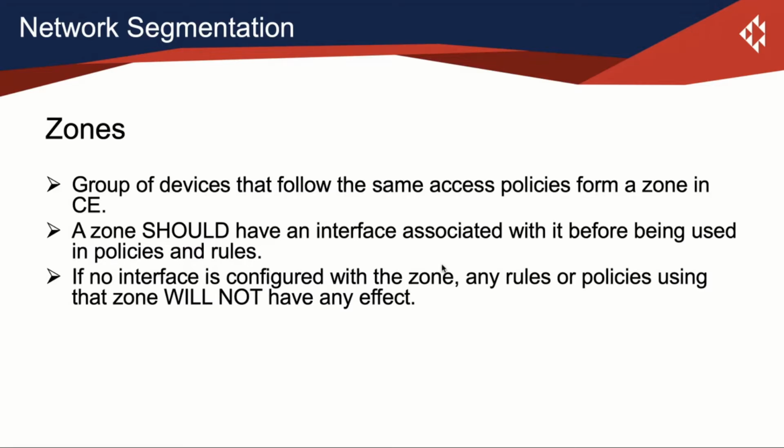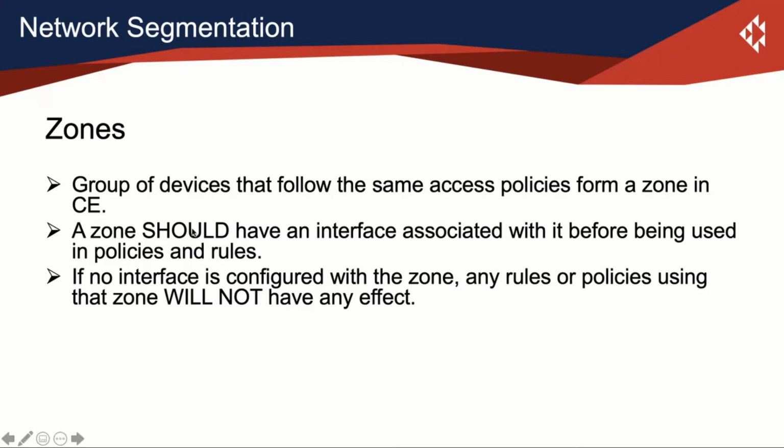The next point is that only creating a zone in CE will not apply any rules and policies. As we said, we have only created a framework for it. Now we need to tell CE what networks this zone should apply on. For that, we need to have an interface associated with it.